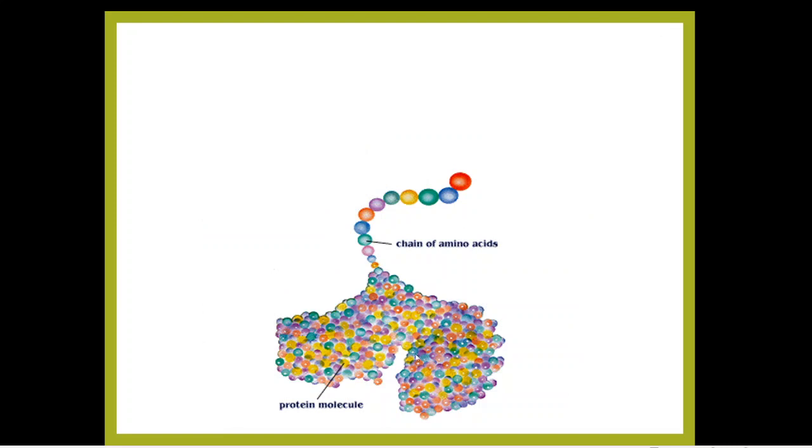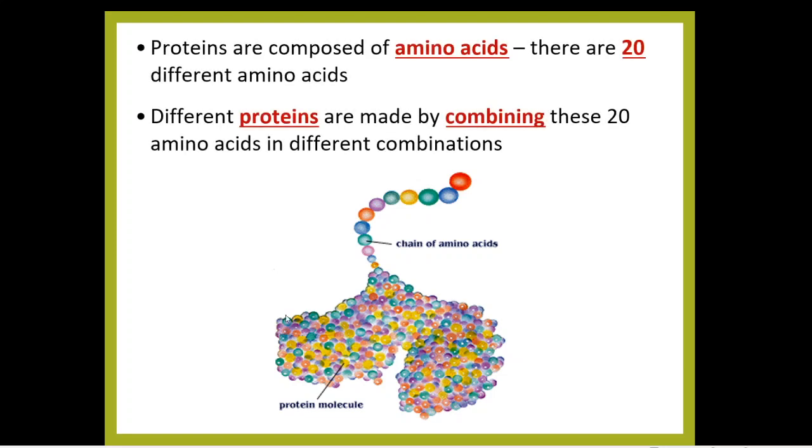All right, so one of the things we can start with, this is kind of a 3D model of what it looks like. So what we're going to learn is it's going to make a chain of amino acids. Remember, amino acids are the monomer of proteins, and then they will come together to make that polymer, which is the protein molecule, okay? So proteins are actually composed of amino acids.